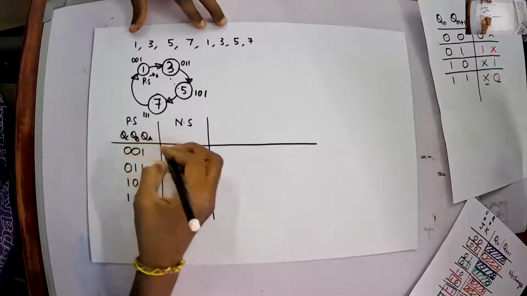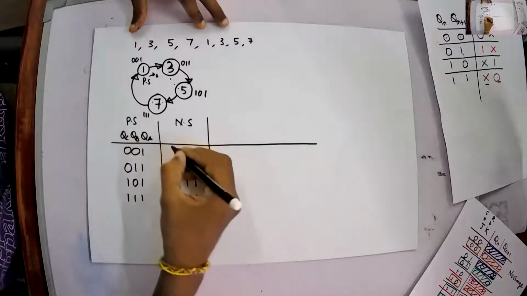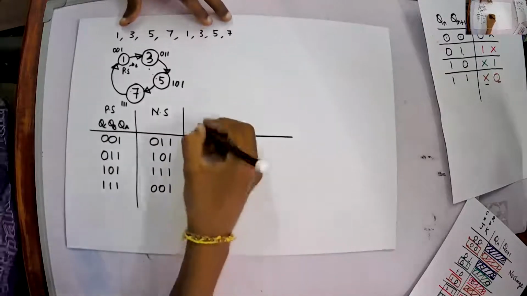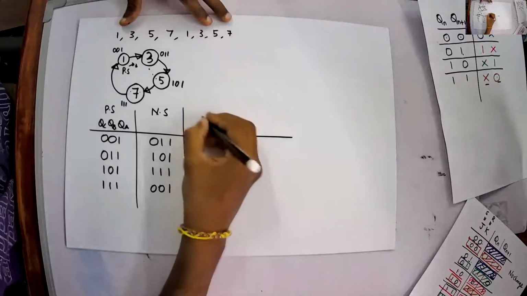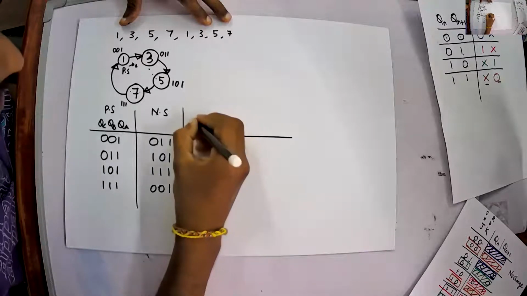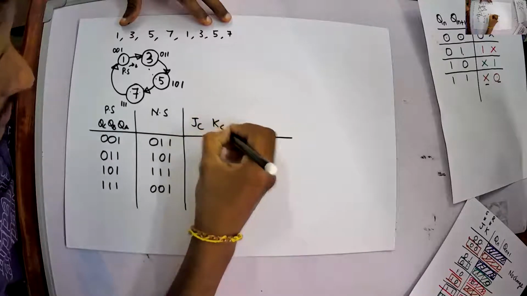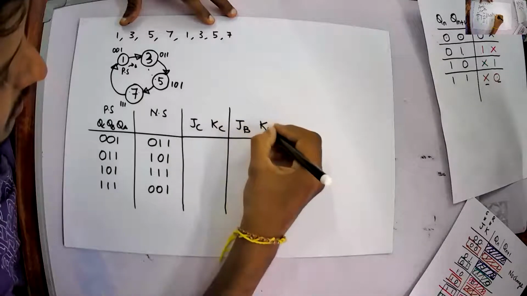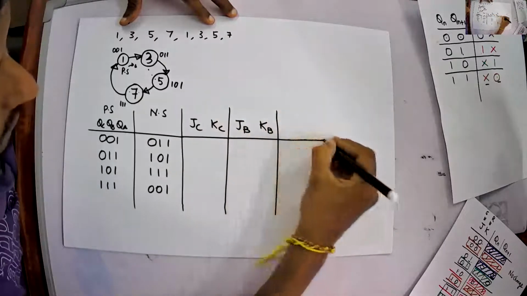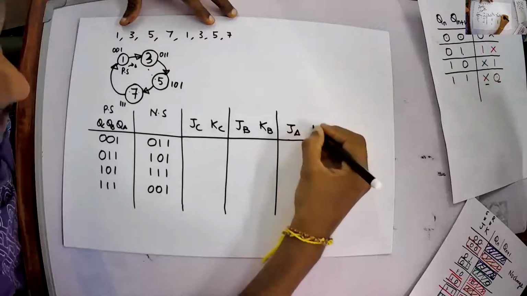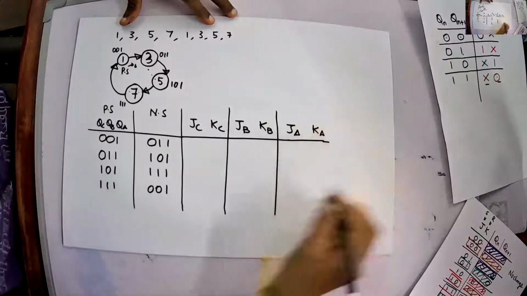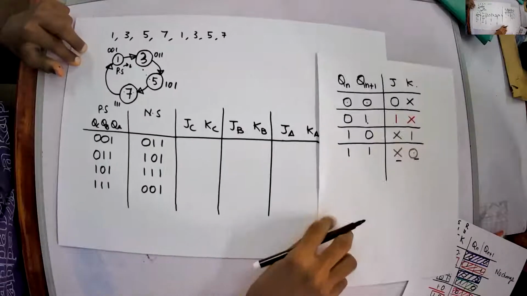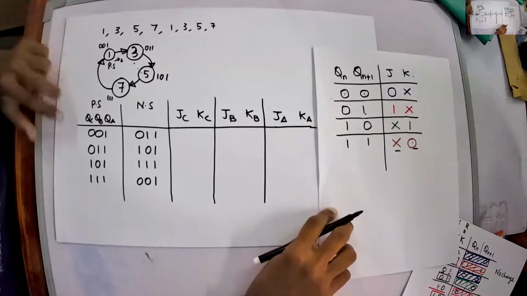So this is my QC, QN plus 1C, QN plus 1B, and A. Now we'll fix the K map, sorry, the excitation table: JC, KC, JB, KB, JA, KA. Now we need these two tables to fill it. We need the excitation table and this one to fill it.